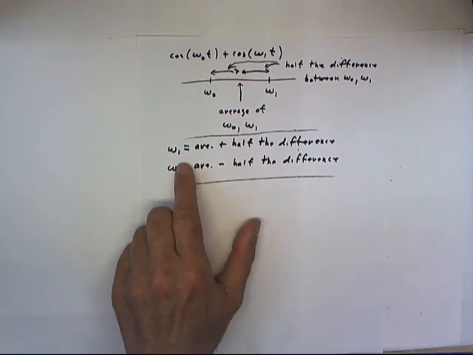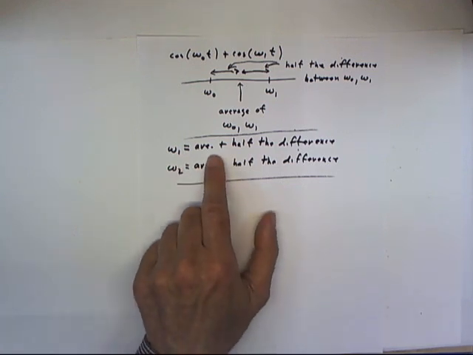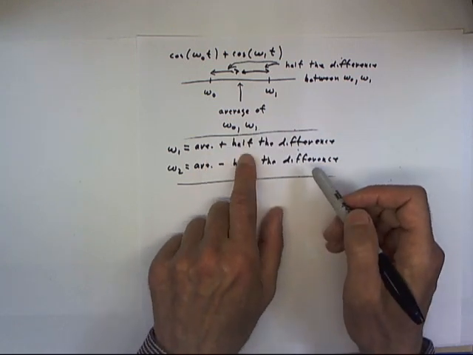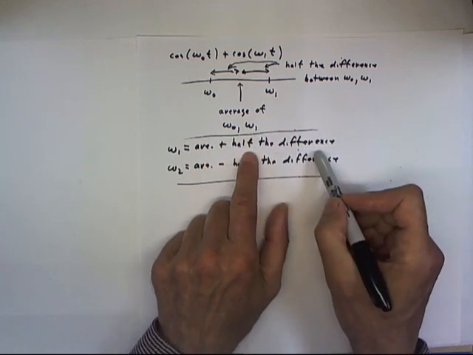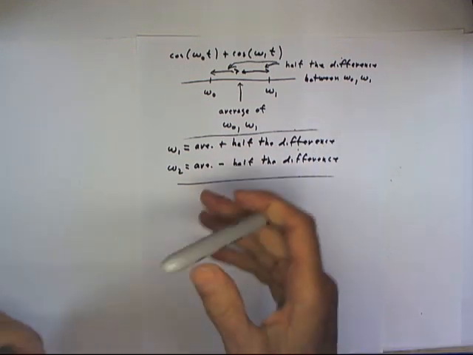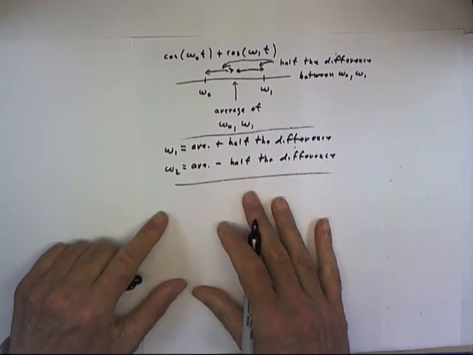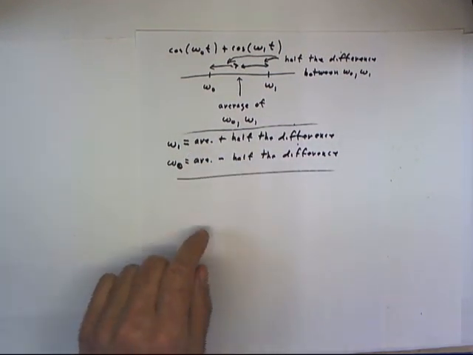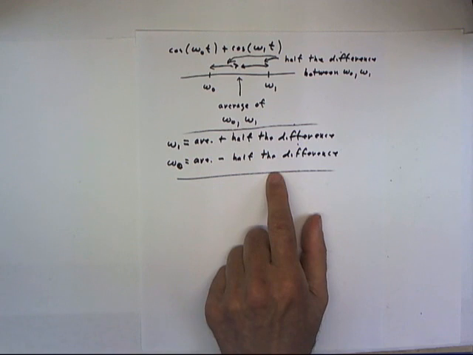So we have omega 1 is the average of the two angular frequencies plus half the difference, whereas omega, and I wrote omega 2, and that should be omega naught, will be the average minus half the difference.